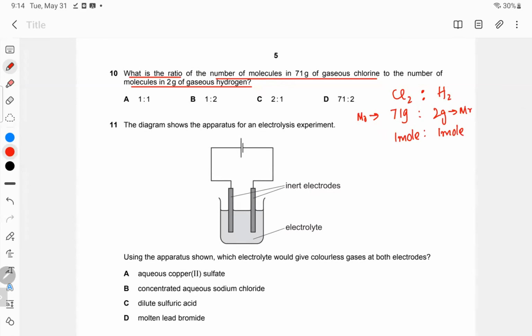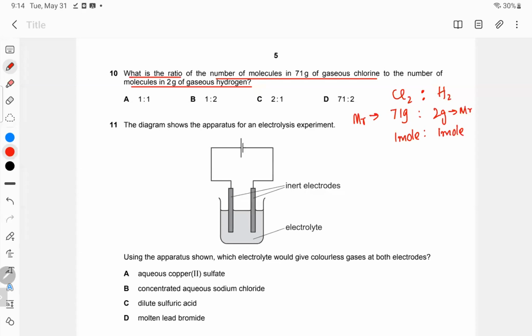They are equivalent to their MR in grams. So it means both have 1 mole, isn't it? Yes. If anybody has any doubt, kindly ask, kindly clarify your doubt. Is it clear? Yes, sir.